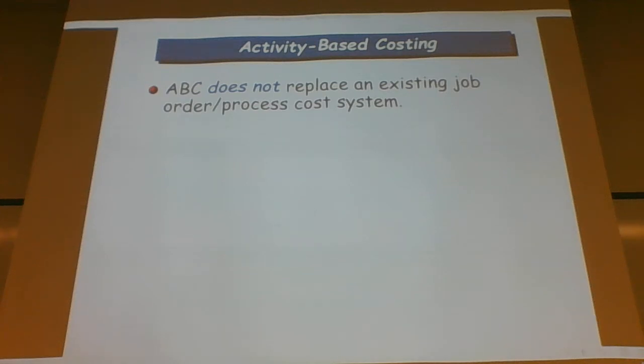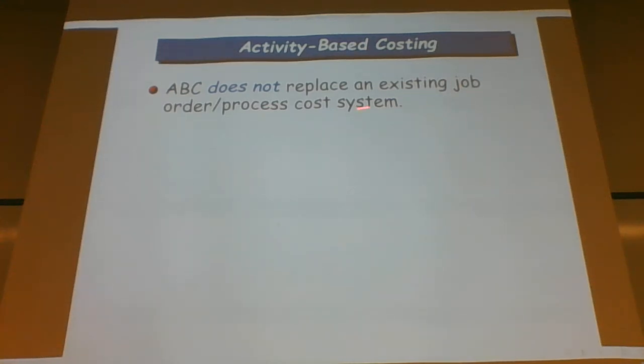All right, so continuing on with the idea of activity-based costing, it says activity-based costing does not replace an existing job order process cost system. And that's true for a variety of reasons, because it's easy to understand with job order costing because each job has its own separate components, okay?